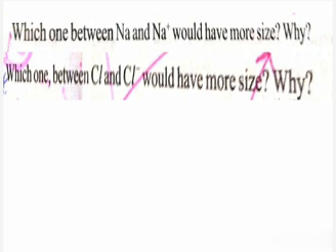Next, on the other hand, Na+ has 11 protons but only 10 electrons. In sodium atom 11 protons, 11 electrons are there, but in Na+ 11 protons and 10 electrons are there. Why 10 electrons? From the third shell, from 3s, 1 electron is lost, no? That's why 10 electrons are there.